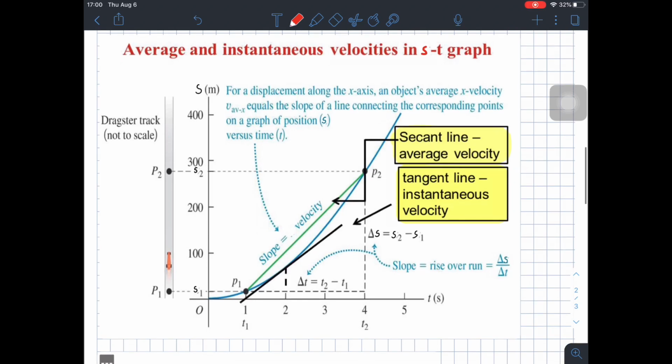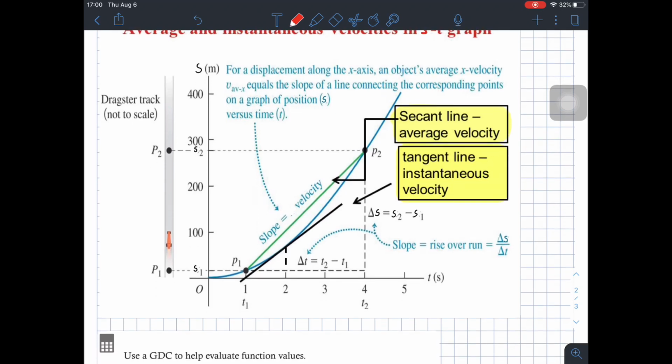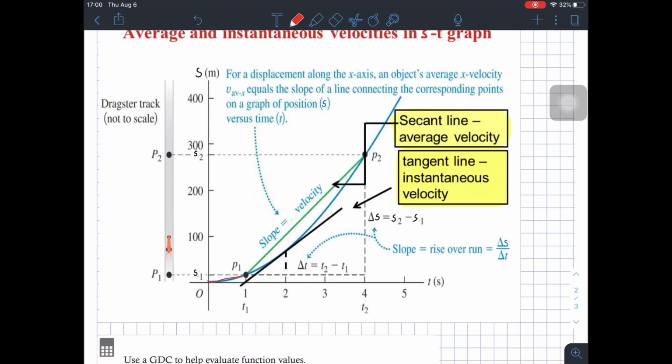So it says, for a displacement along the x-axis, the object's average x velocity equals the slope of the line connecting the corresponding points on the graph of positions versus time, okay? So you see that in this particular example, the object is moving following this trajectory, okay? So that's the distance equation with respect to time.